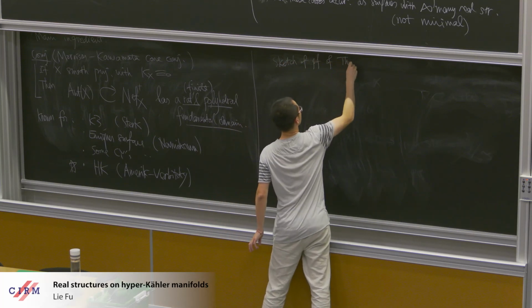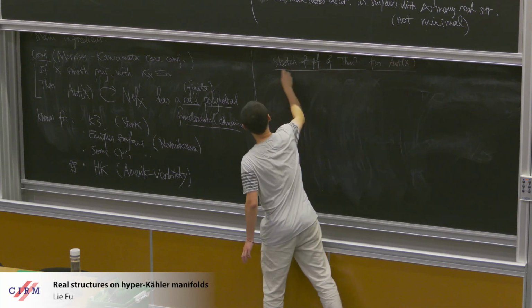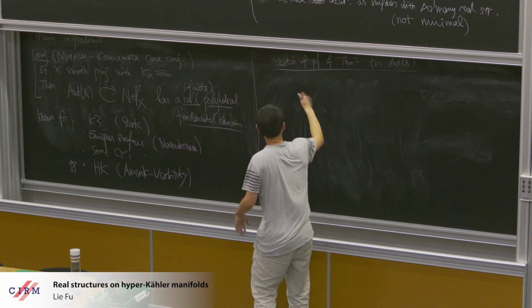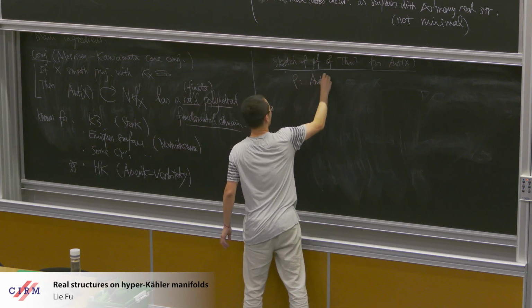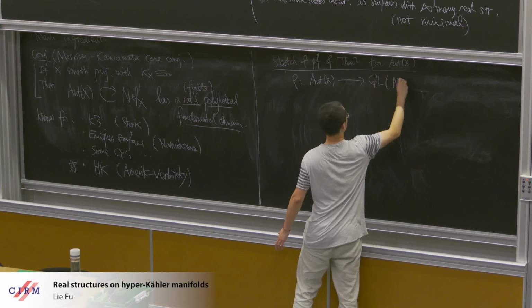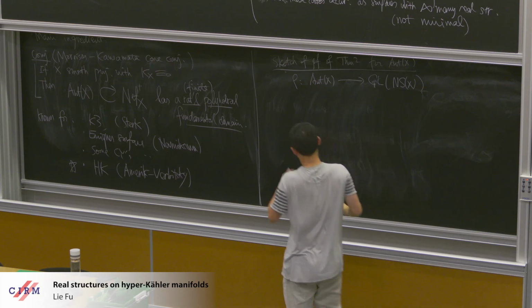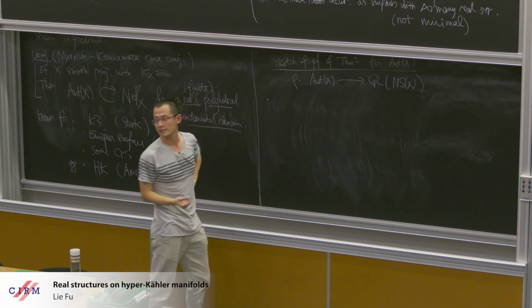So okay, let me give you a sketch of the proof of Theorem 2 for automorphisms, let's say. You look at the automorphism group of X acting on the Néron-Severi space. The first thing to realize is that the kernel is finite.